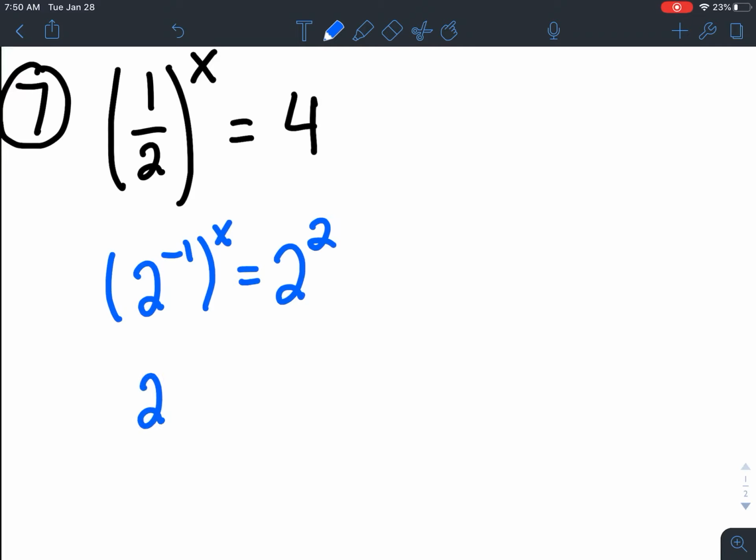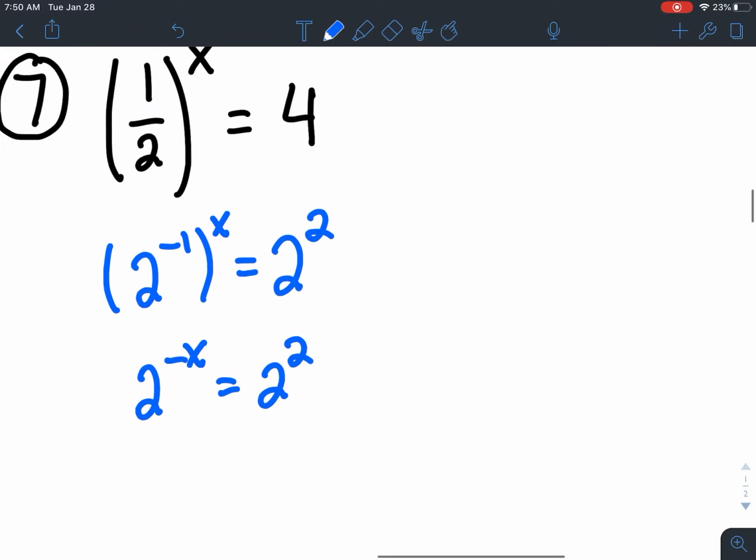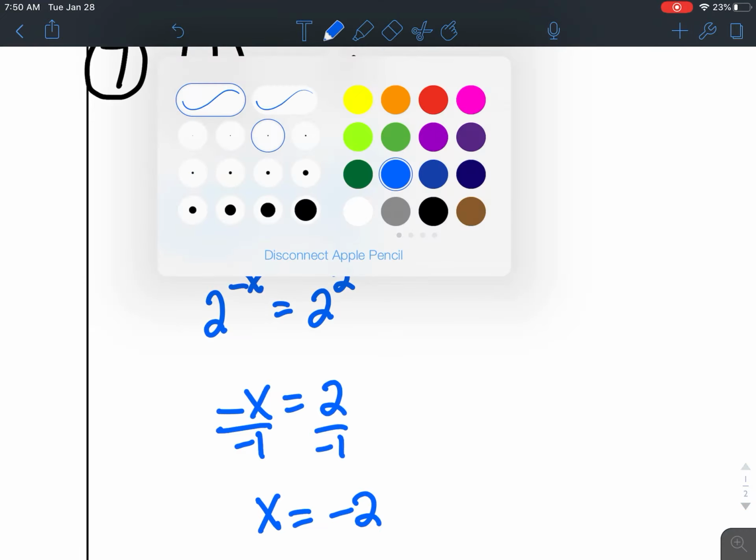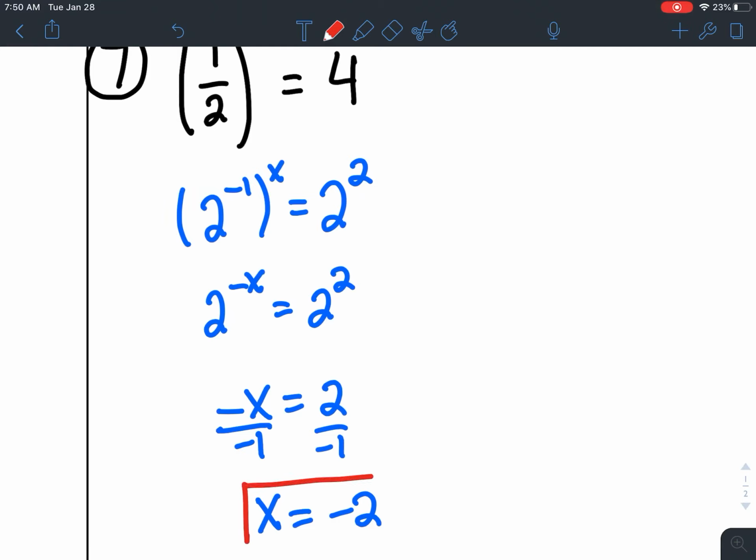So on the left side, when I do my power rule, I get 2 to the negative x power equals 2 squared, which means negative x equals 2. So either multiply or divide by a -1, pending your philosophical beliefs, and you should get -2 for your x value.